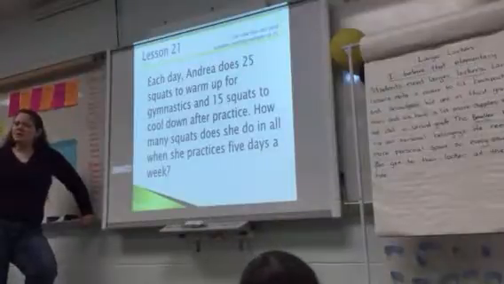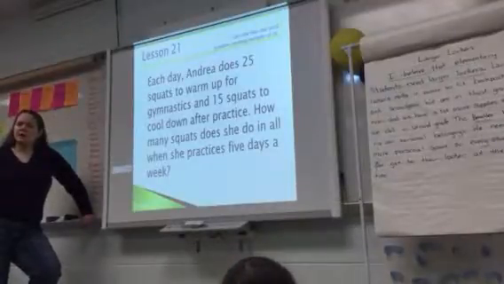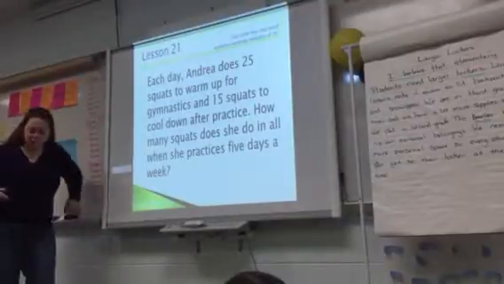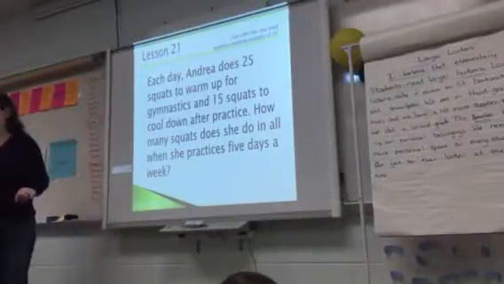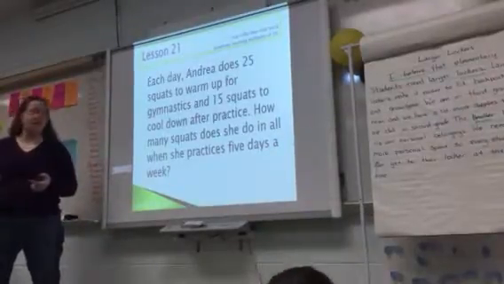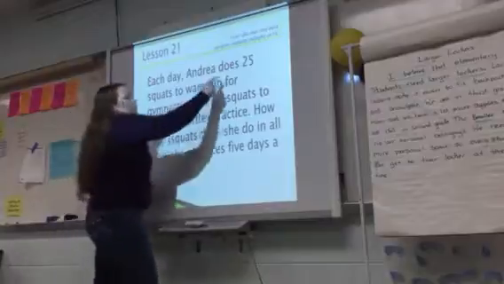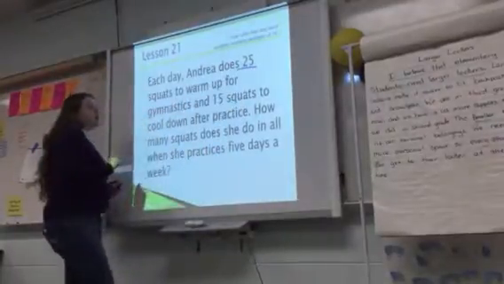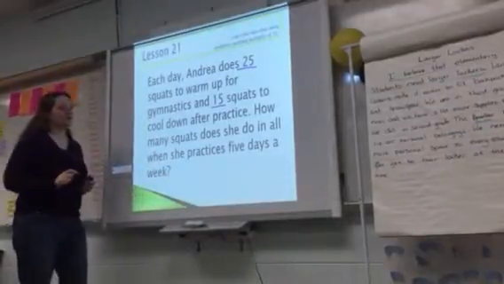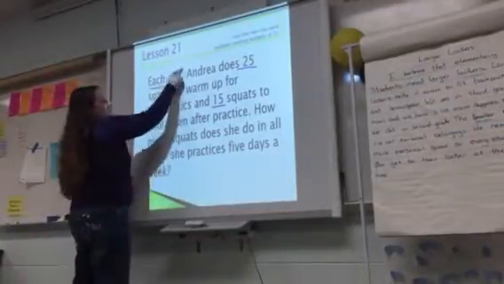Let's read it one more time. Remember, 2 steps. Remember what we were working on in reading, about reading it multiple times, circling keywords, really understanding the question, okay? Each day, Andrea does 25 squats to warm up for gymnastics and 15 squats to cool down after practice each day.